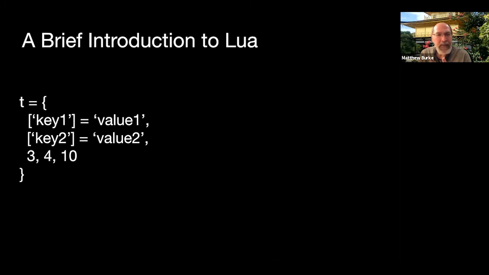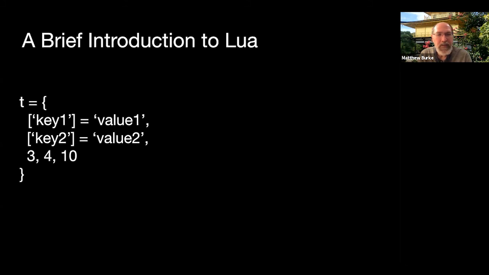And so, for example, here you see I'm defining a table called T, and I'm making use of both that functionality. I'm assigning value 1 and value 2 to two keys. And the 3, 4, 10 essentially are going into, you could think of there being a sort of array portion of this table. So at index 1, I'm going to store the value 3.